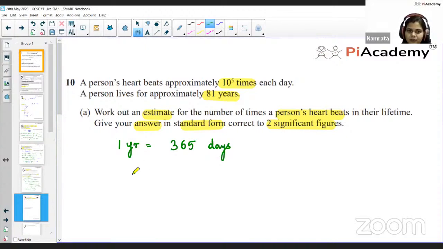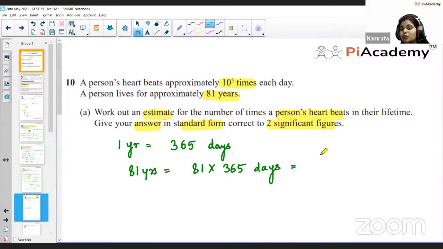So here 81 years will be times 365. When you calculate this, since we are allowed the use of a calculator here, you'll get your answer as 29,565 days.